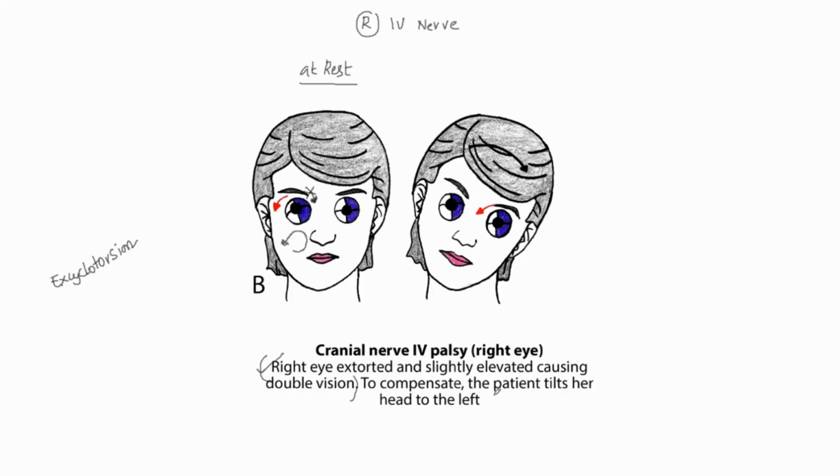To compensate, the patient is tilting her head to the opposite side of the paralysis. And when she does that, what happens? The left eye undergoes intorsion so that the visual field is adjusted, and because of this adjustment the patient can see the images better, and this vertical or torsional diplopia, we call this condition torsional diplopia, is gone because of this tilt.